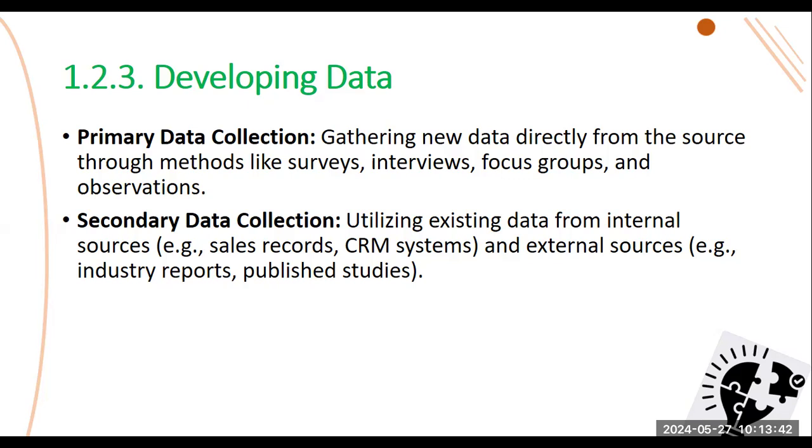So from the CRM system also they can get the data. Normally the service organizations have the CRM system, specifically restaurants, hotels, banks, where customers interact with the organization or with the employees, and then their interactions are recorded. Most of the information is available in the CRM system.